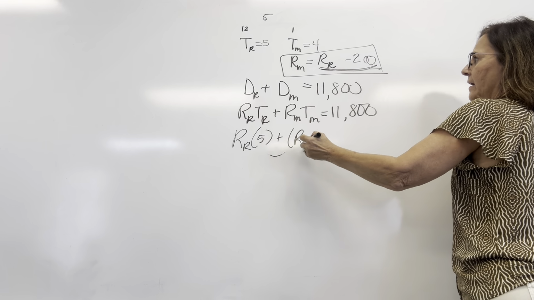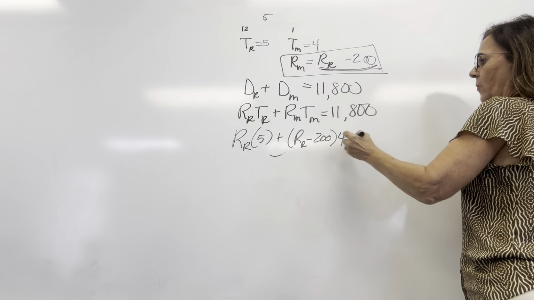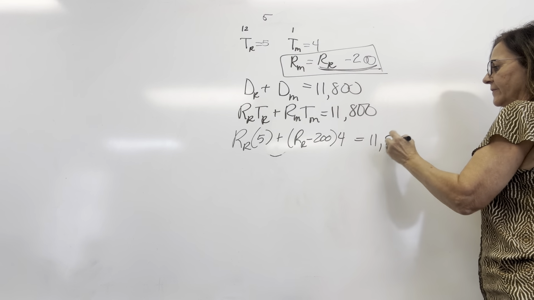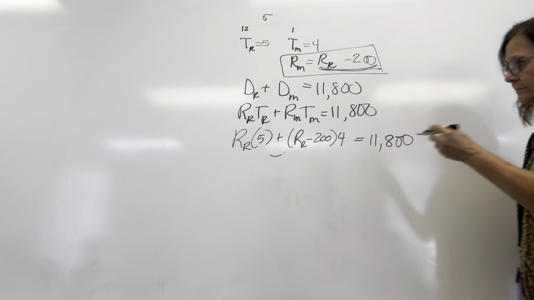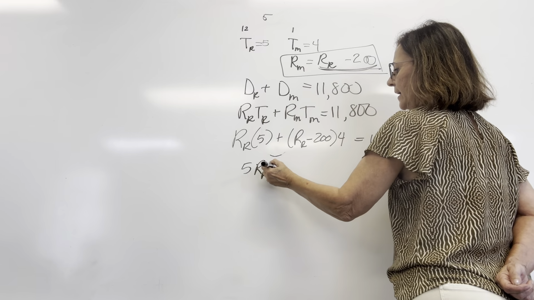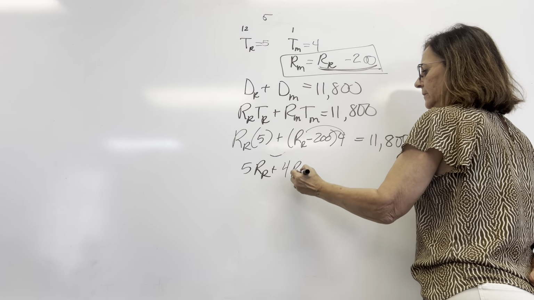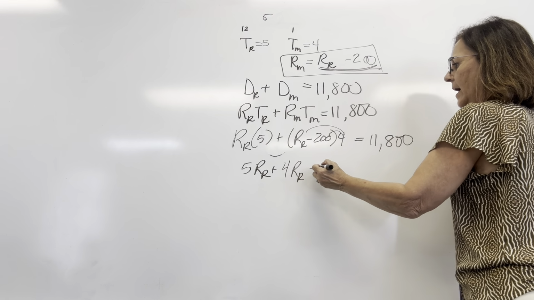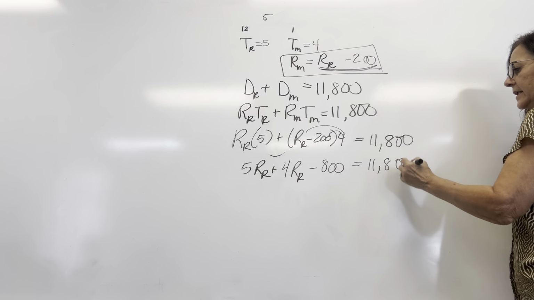It's going to be the rate of Rocket Man minus 200. And his time is 4. That's going to equal 11,800. So this becomes 5 times the rate of Rocket Man plus, I'm going to distribute the 4, 4 times the rate of Rocket Man minus 800 equals 11,800.